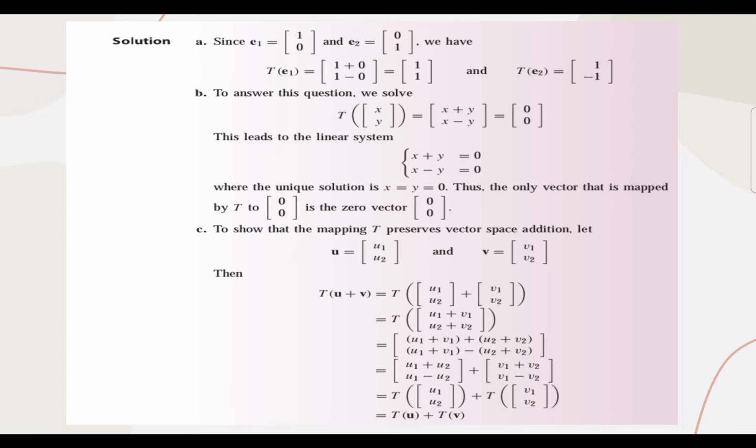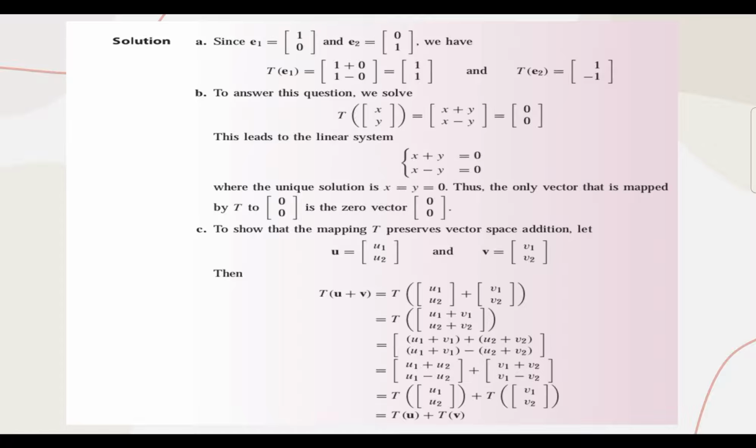So by the solution of letter C, we have T of (u plus v) is equal to T of (u sub 1, u sub 2) plus (v sub 1, v sub 2). Substituting, we have the transformation of (u sub 1 plus v sub 1, u sub 2 plus v sub 2). So we added the two, then substitute the formula from earlier.